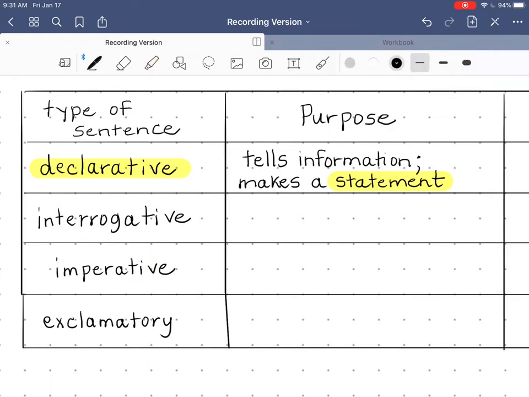An interrogative sentence. Now think about this. If you get arrested, heaven forbid, or if you see a crime, maybe you didn't do anything wrong, let's use that analogy, and the police interrogate you. They're asking you questions when they interrogate. So an interrogative sentence asks a question.